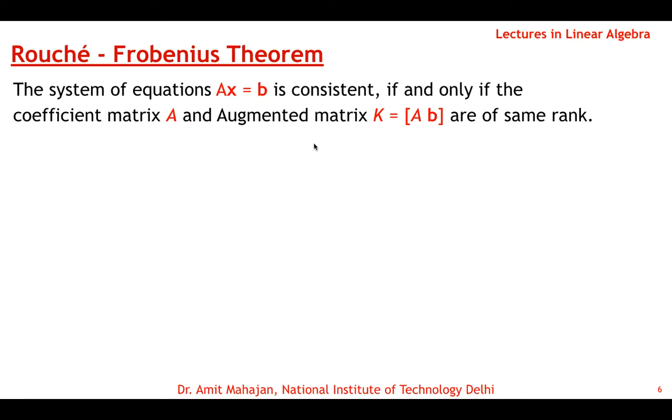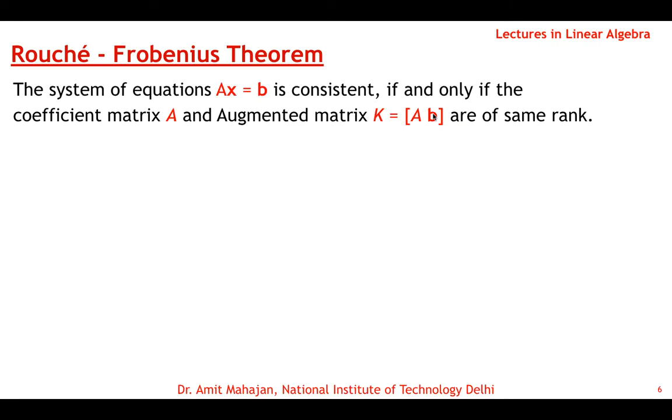Okay, now we know that rank of a matrix is the number of pivot columns. So if these two have the same rank, that means the number of pivot columns in A and the number of pivot columns in K are same. Which is same as saying that this B, only one column B is added to this matrix, this B column is not a pivot column.